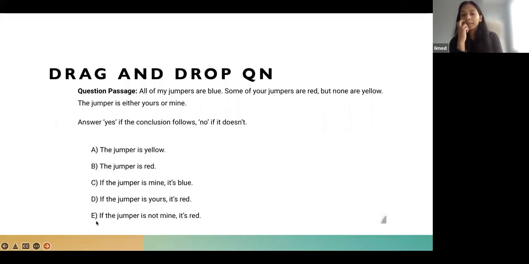And E, if the jumper is not mine, it's red. Is this a yes or no? What do you guys think? No, perfect, that's also good. So you can see that with these questions, you really need to use your critical thinking skills, and that's what decision making really tests.